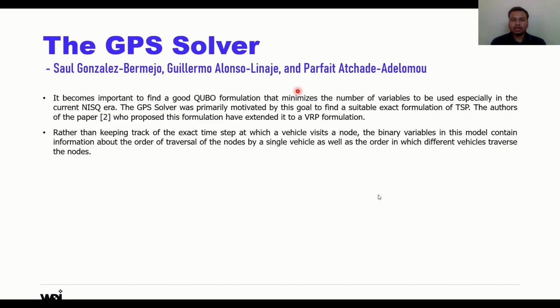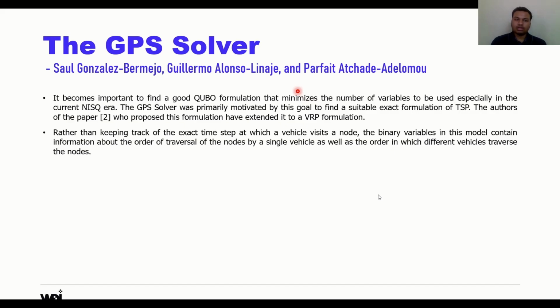The main goal behind this formulation was to find an efficient QUBO formulation that minimizes the number of variables. We'll briefly see why we need to minimize the number of variables in one of the later slides. The authors of the paper have given a suitable formulation for the traveling salesman problem, and then they have tried to extend it to a VRP formulation.